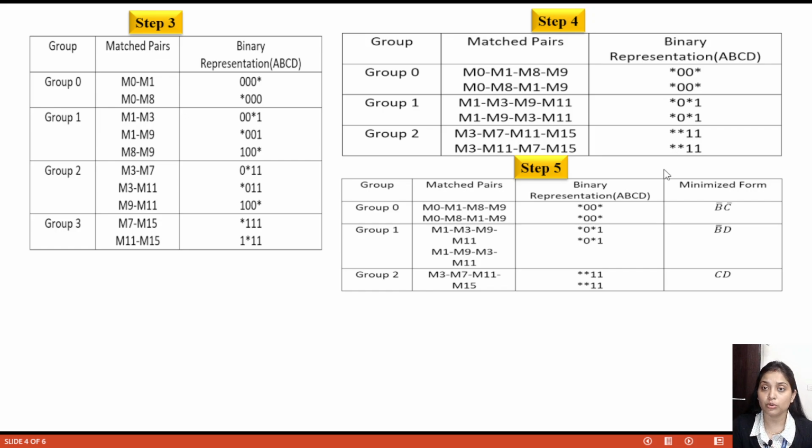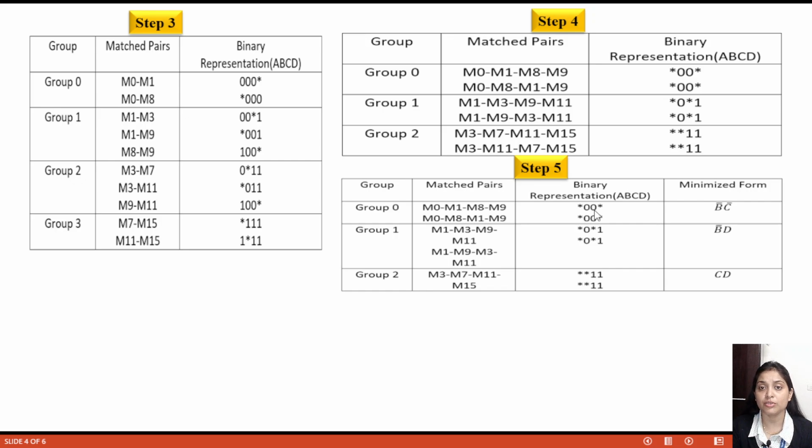So we go to step number 5, where whatever is written for group 0 you have to write the same thing, that means M0 M1 M8 M9, represented as star 0 0 star, and M0 M8 M1 M9, also represented as star 0 0 star, and group 1 group 2 also the same. Now the minimized form is like that, whatever the binary representation, here we will only concentrate on 0 and 1 values.